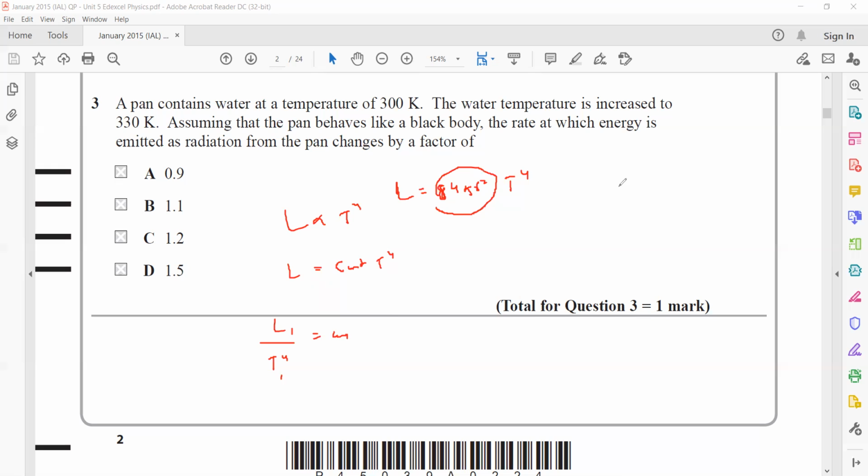Because here temperature changes, L1 over L2 is equal to T1 raised to power 4 divided by T2 raised to power 4. But we need L2 over L1, so L2 by L1 is equal to T2 raised to power 4 divided by T1 raised to power 4. So it's 330 raised to power 4 and 300 raised to power 4. When we substitute, it will come out as 1.5.